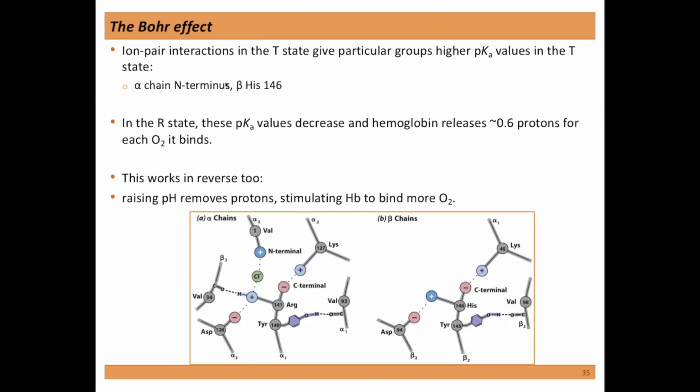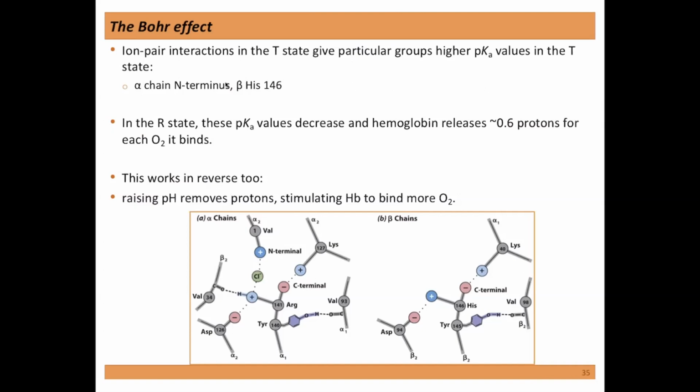And what happens is you bind oxygen, and hemoglobin becomes more acidic and actually releases 0.6 protons for each O2 that it binds. So it actually starts acting as an acid as you bind O2 and will release H+.